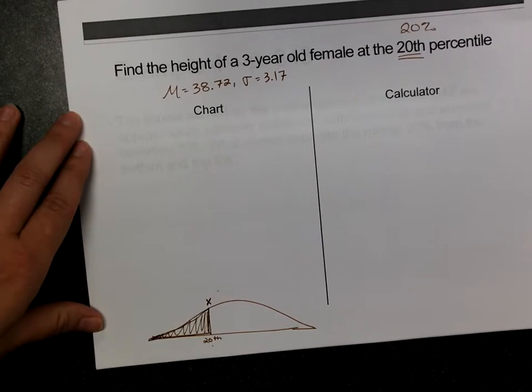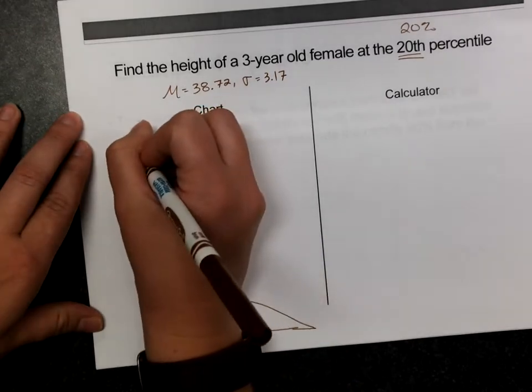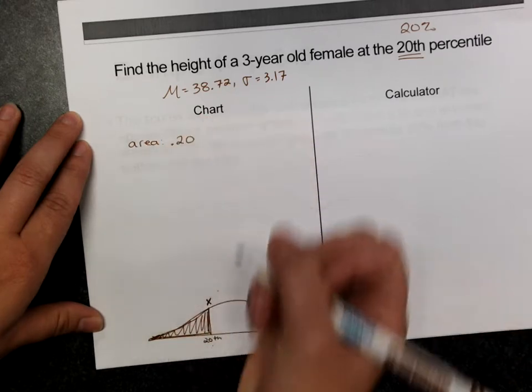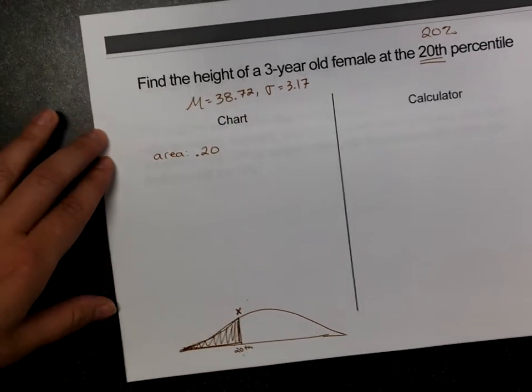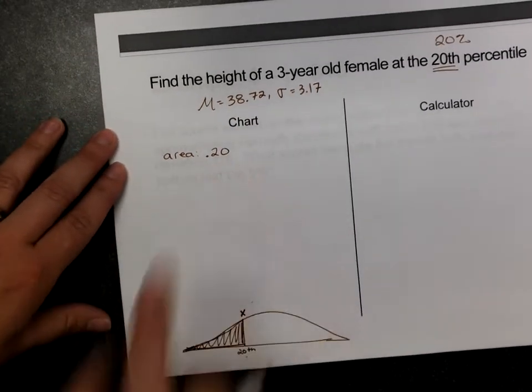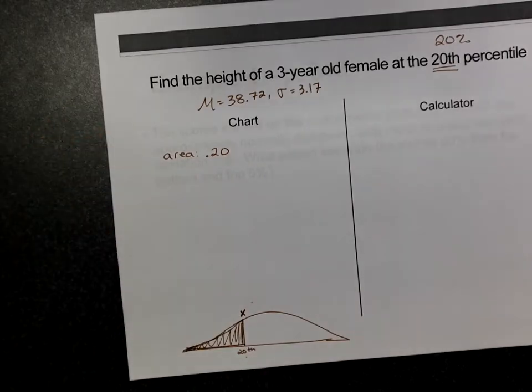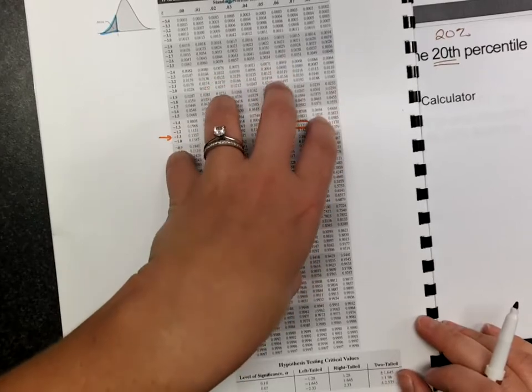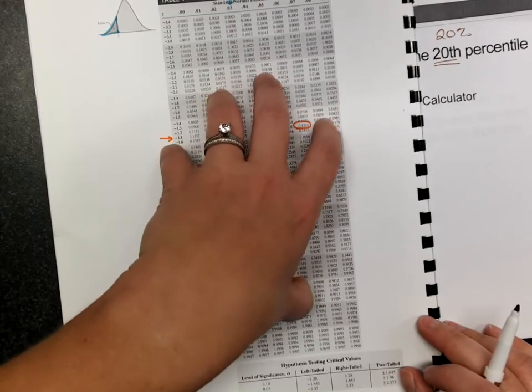So we do not need to subtract from 1. We're going to use the area 0.20, which represents 20%. We're going to try to find 0.20 in the middle of the chart, which some students are really good at, and some students this drives them crazy.